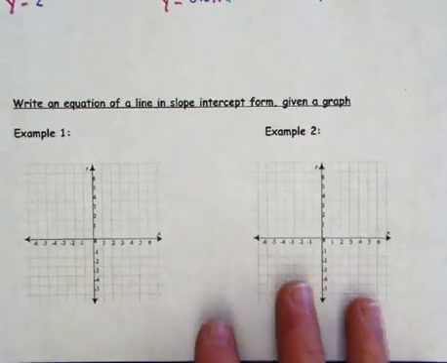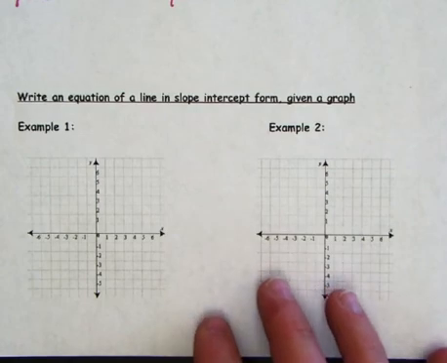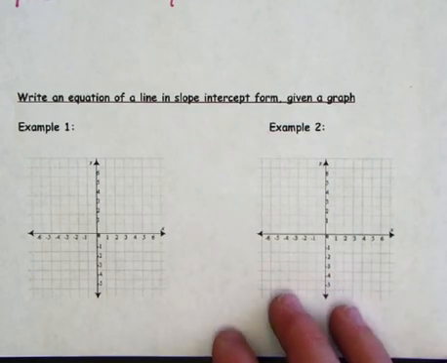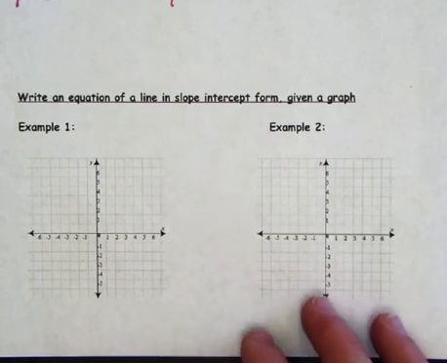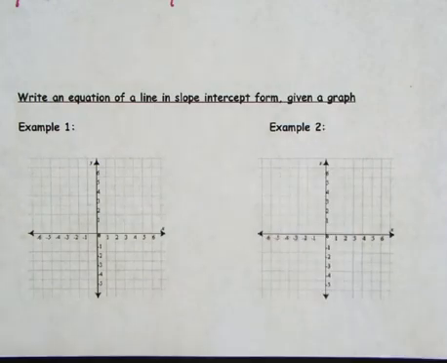Finally, let's look at, if we're given a graph, how can we write the equation of a line? Well, I'm going to give you a graph, okay? It's going to look like this right here, okay?